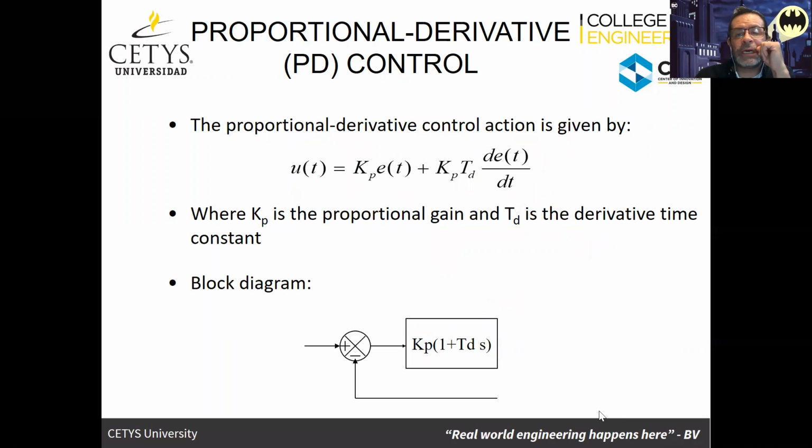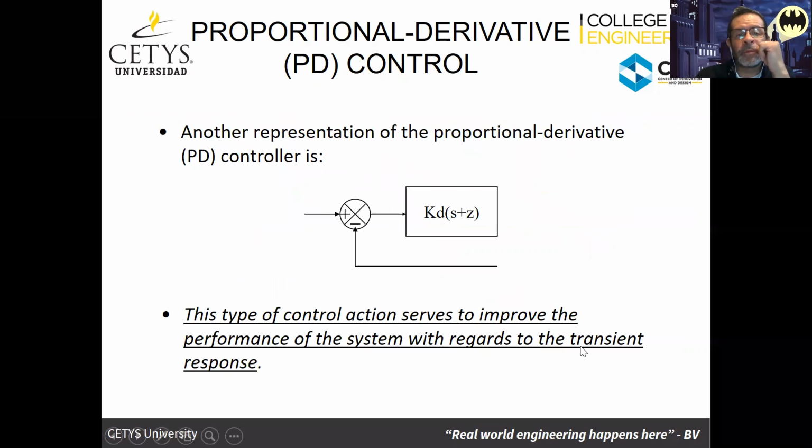Let's talk a little bit about that. So another equivalent representation of the proportional derivative controller is that we can factor the constants and just have one constant that we're going to call KD.